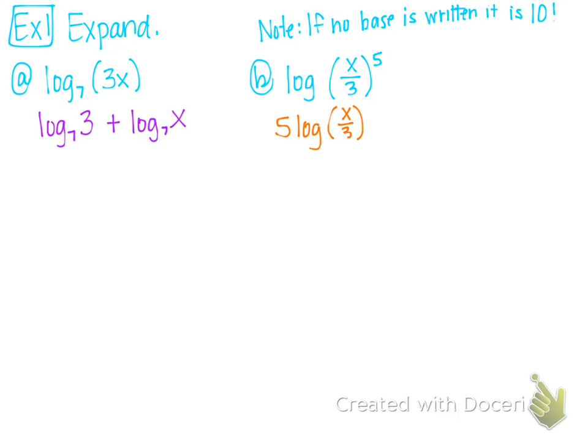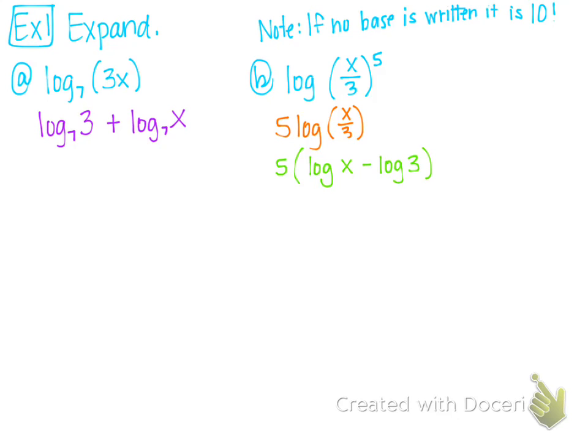The next thing we want to do is take care of our quotient property because we have division here. Now, with this, we've got our 5, and it's going to be multiplying everything that we are doing with our quotient property. So we're going to have a 5 on the outside times log of x, so we take the numerator, minus log of 3, which is the denominator.